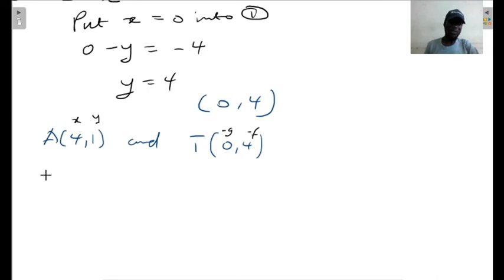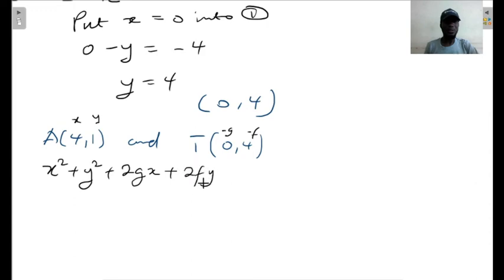So we are fixing this into x squared plus y squared plus 2gx plus 2fy plus c equals 0. Good. We are just fixing any of them first. Maybe I want to fix the center first. So using the center, I'm going to have x squared.